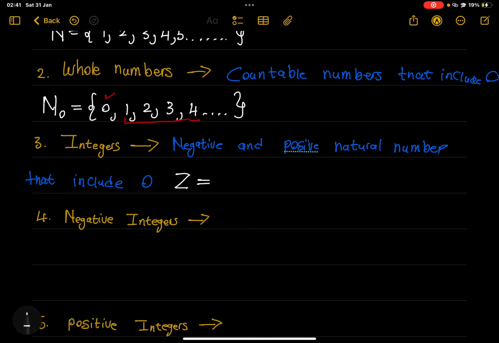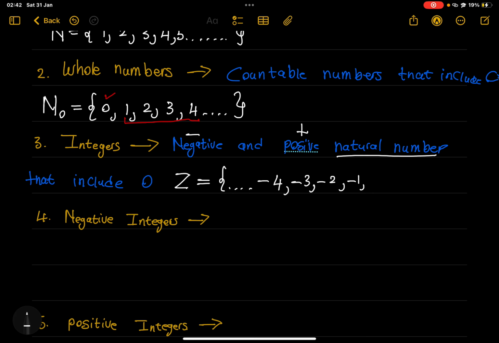So let's try and list those numbers. Since they are negative and positive natural numbers, and we don't know the first negative number, we use our ellipses like this. We can start at -4, which is a negative natural number. Then we go to -3, -2, -1.